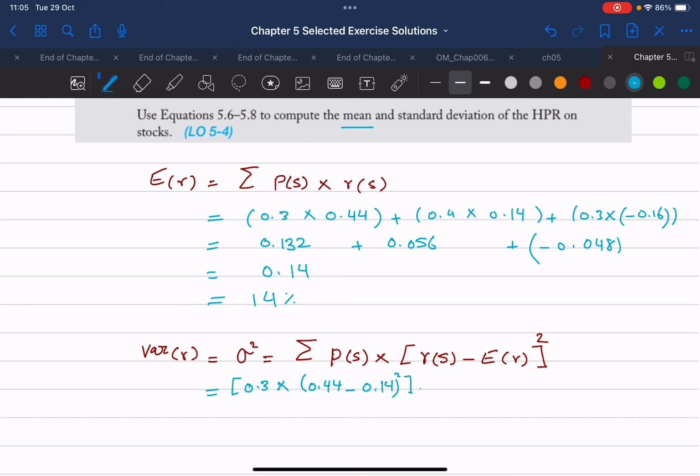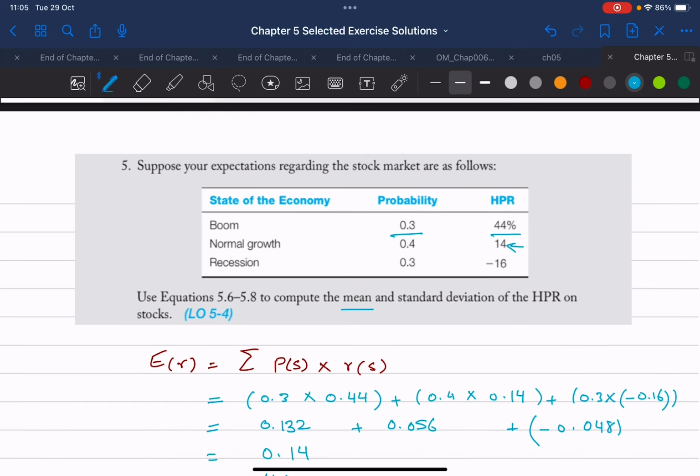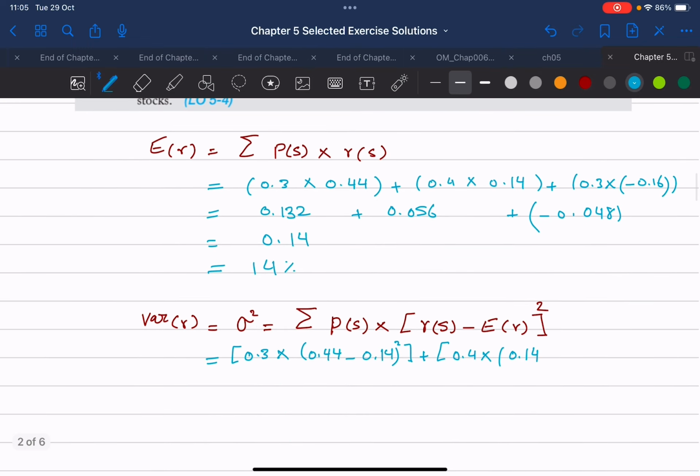Then we move on to the second scenario, which had a probability of 0.4, and multiply that by 0.14, which is the holding period return for that scenario, 14%, minus 0.14, which is our expected return, to the power of 2, we close the brackets.